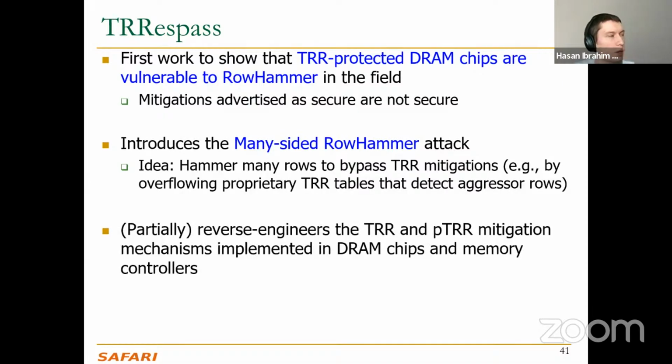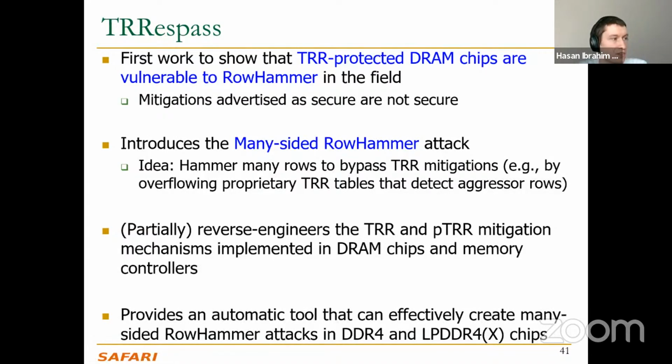In this paper, we also partially reverse engineered the TRR and the PTR mitigation mechanisms implemented in DRAM chips and memory controllers. We discussed TRR so far, so you know what TRR is, and PTR is an early mitigation mechanism implemented in the memory controller. Here in PTR, the memory controller is responsible for performing targeted refresh operations in order to protect against RowHammer, as opposed to the DRAM itself in in-DRAM TRR.